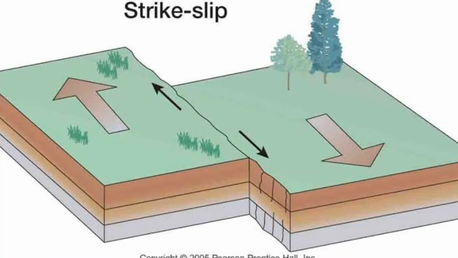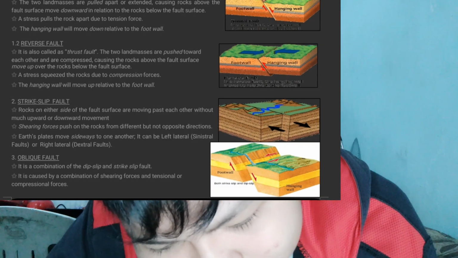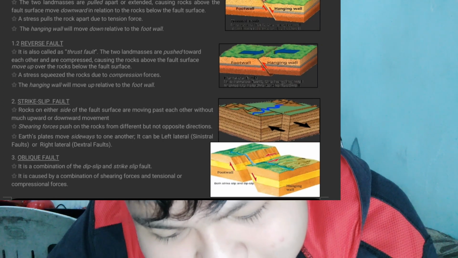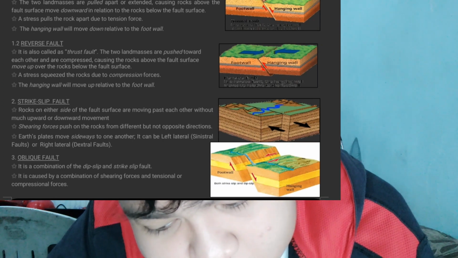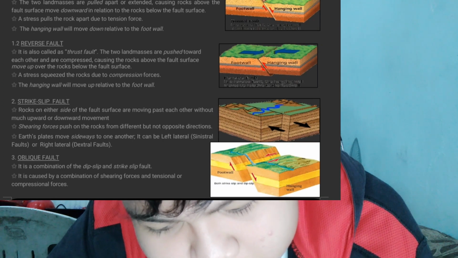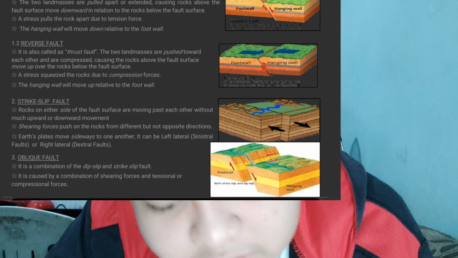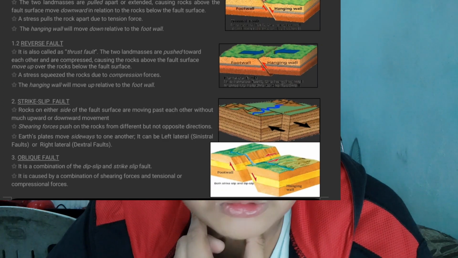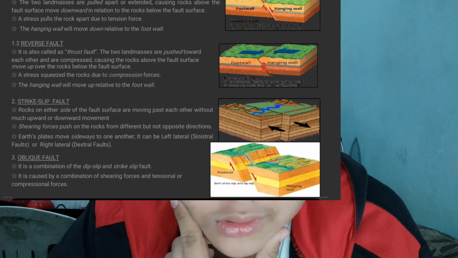The third is called the strike-slip fault. Let's read the description. Rocks on either side of a fault surface are moving past each other without much upward or downward movement.